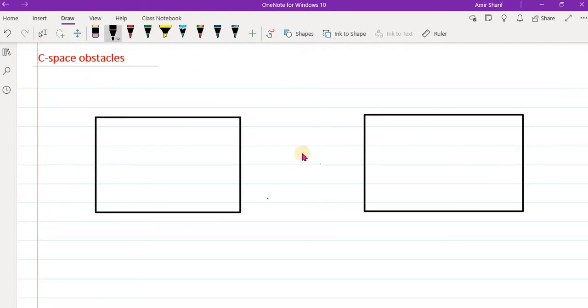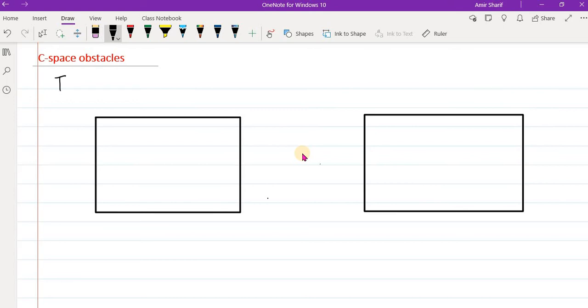So here we have two C spaces, I would say. This is one for the real world, and this is the C space. The point we are trying to make is how we can represent the obstacles in the C space.